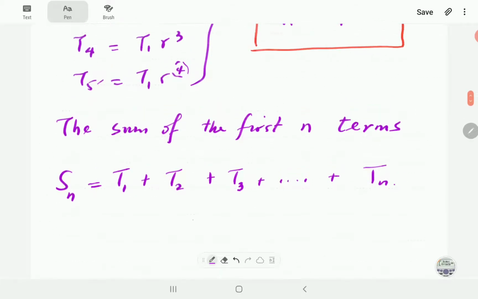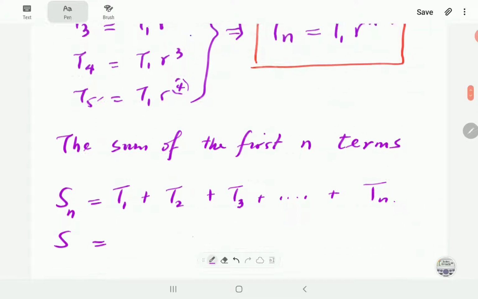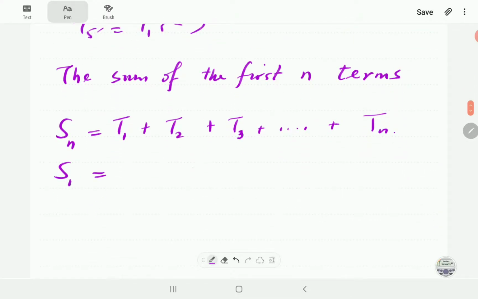Now, using the formulas we just derived in the previous steps, we can write this all in terms of T1. So T2 we said is T1 times r, T3 is T1 times r squared, and Tn is T1 times r to the power n minus 1.